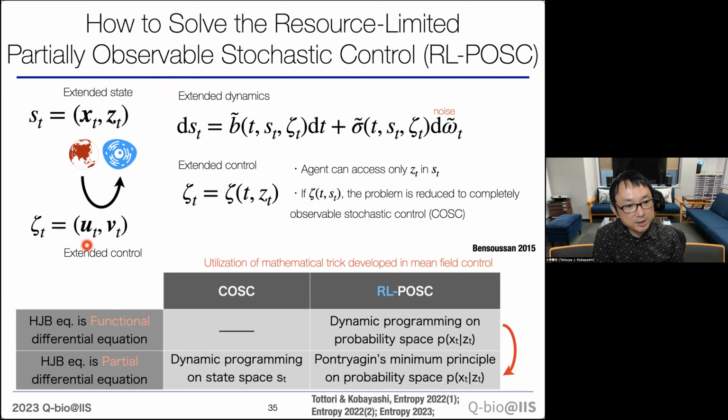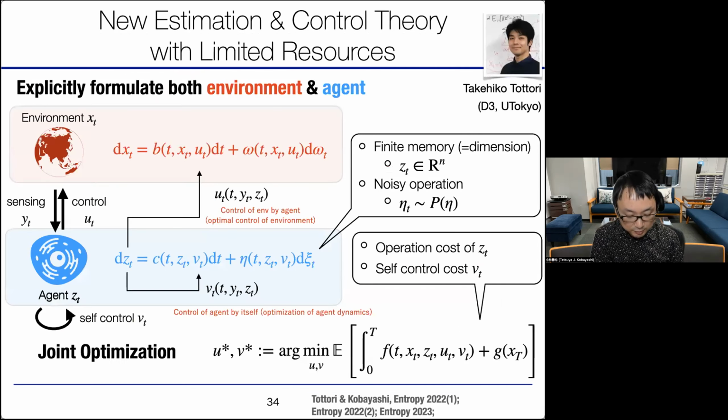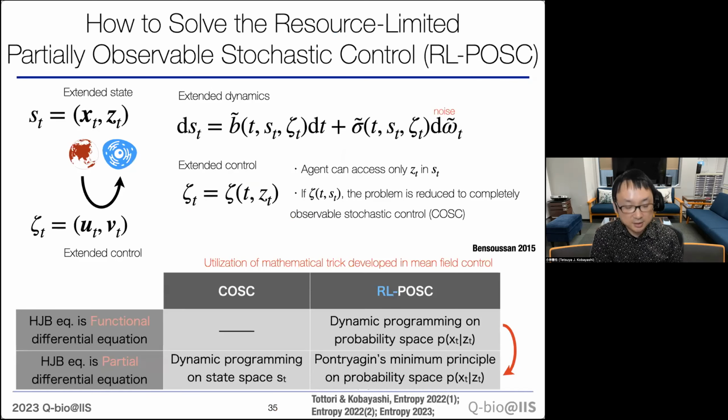And similarly, we define an extended control for the environment and the control for the agent itself. By introducing these extended state and control, we can combine the two equations and represent them formally by a single equation.